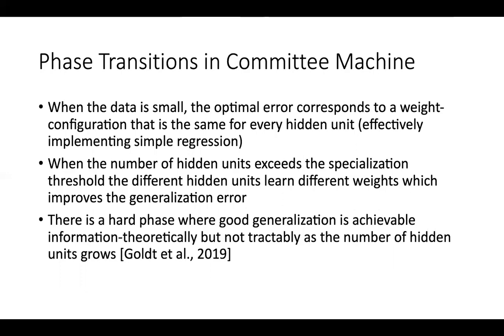Also, going back to the specialization threshold, when the number of units exceeds that threshold, the different hidden units learn different weights, which actually improves the generalization error.